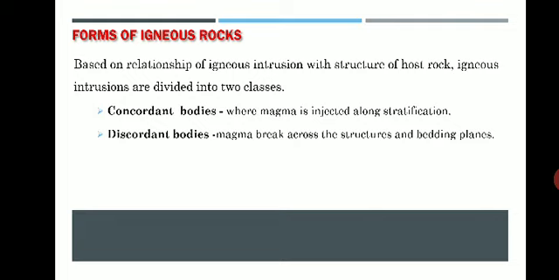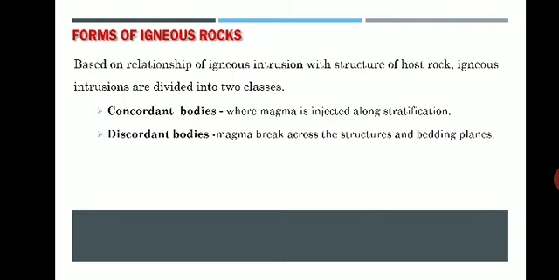In the previous class we discussed the concordant bodies, like sill, laccolith, lopolith and phacolith. All these bodies show the concordant form, wherein the magma remains parallel, along the stratification or layers of the existing rocks.